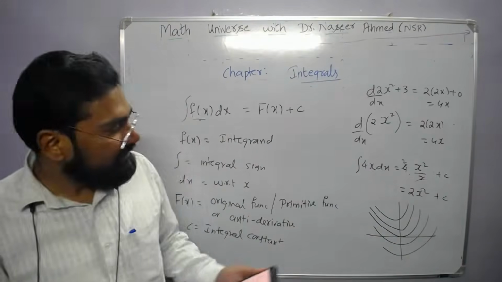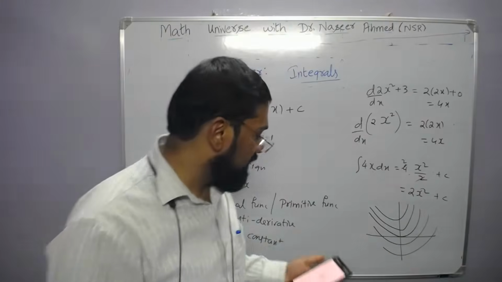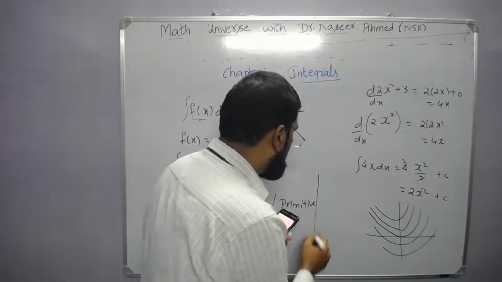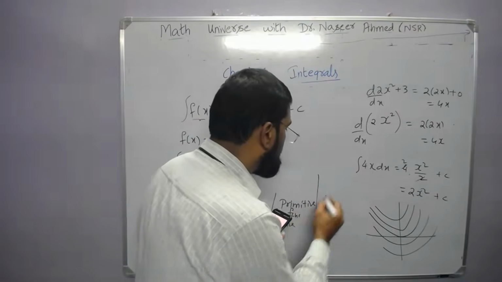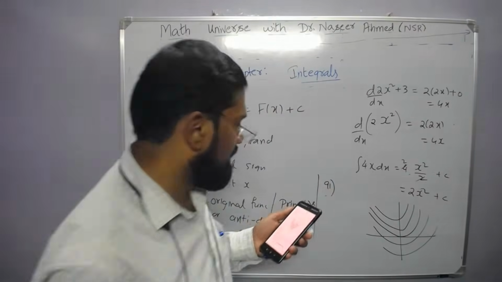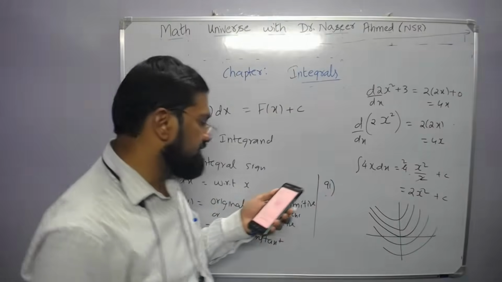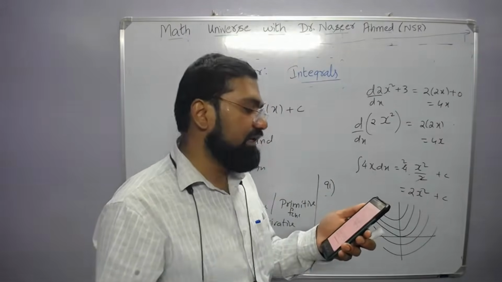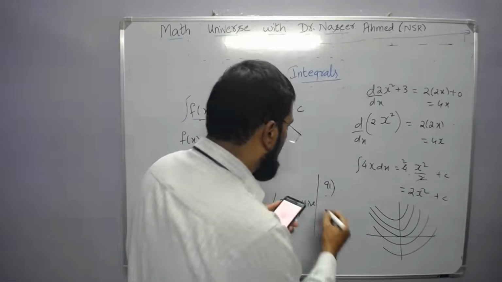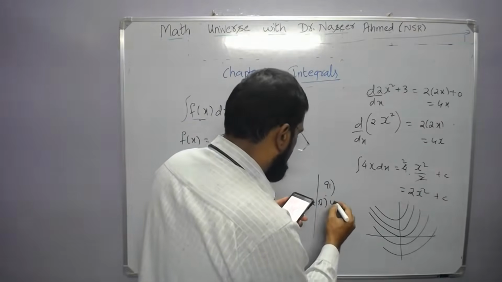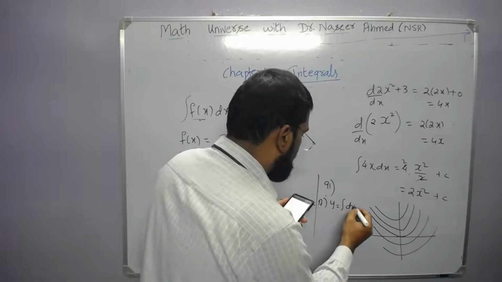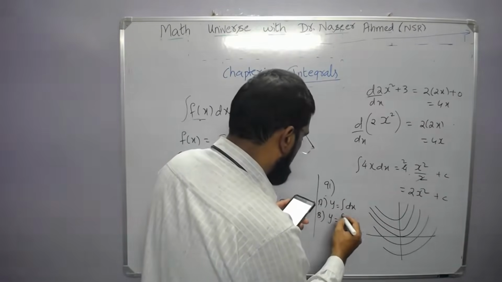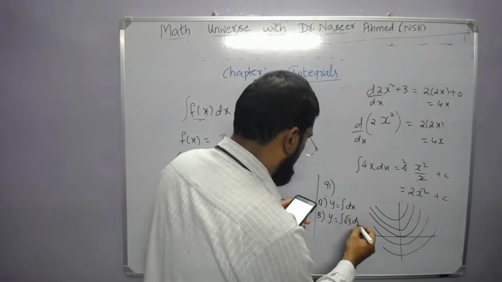They have said that if this curve is given here, question number 91, then they are asking for the equation of the parabola of curves in the given figure. The options for you: option A, y is equal to the integral of 1 with respect to x. Option B, y is equal to the integral of root 3 with respect to x.